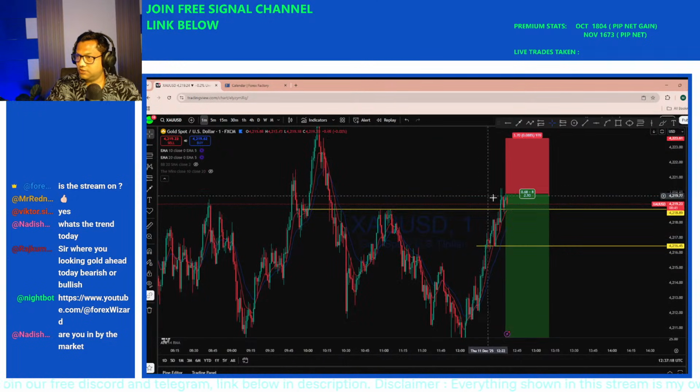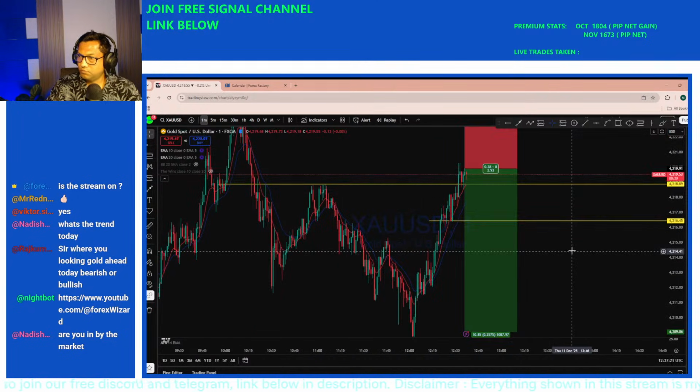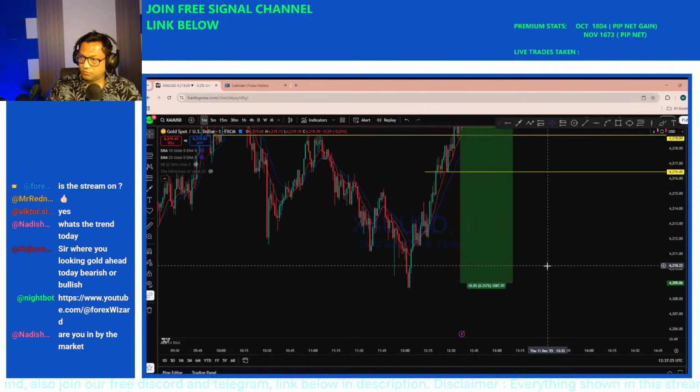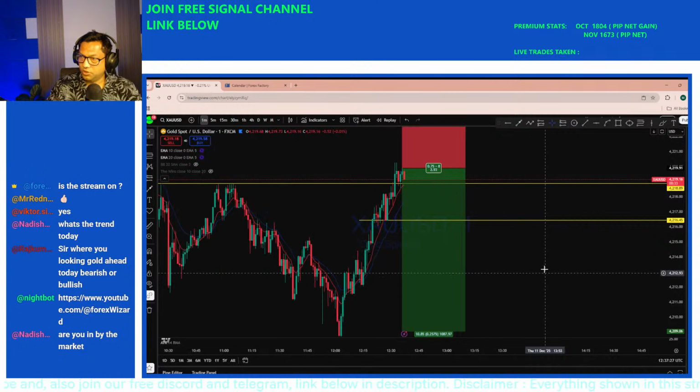Because this is an overextension, if it breaks down from here, we may see it coming to the order block again.